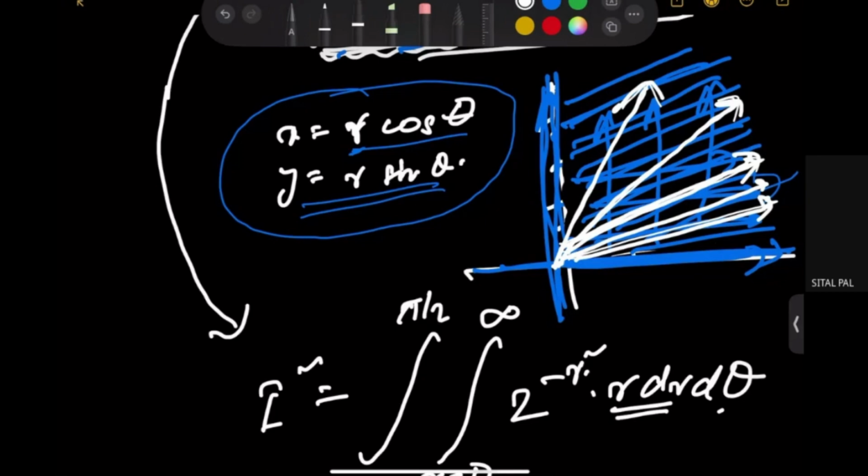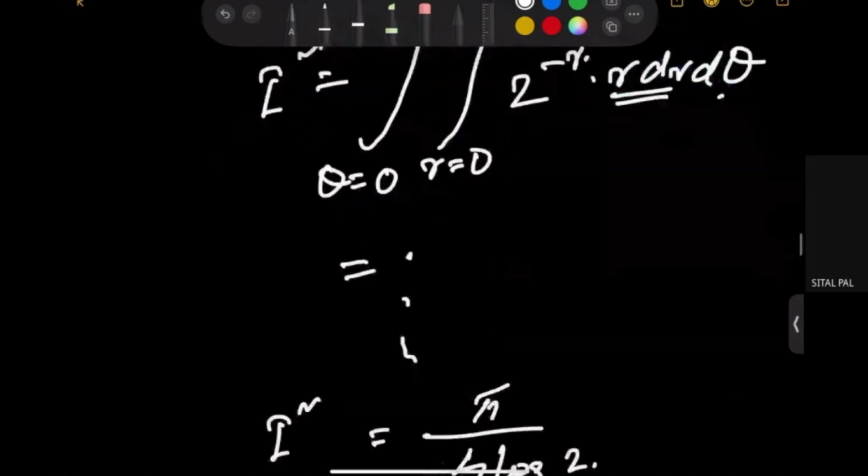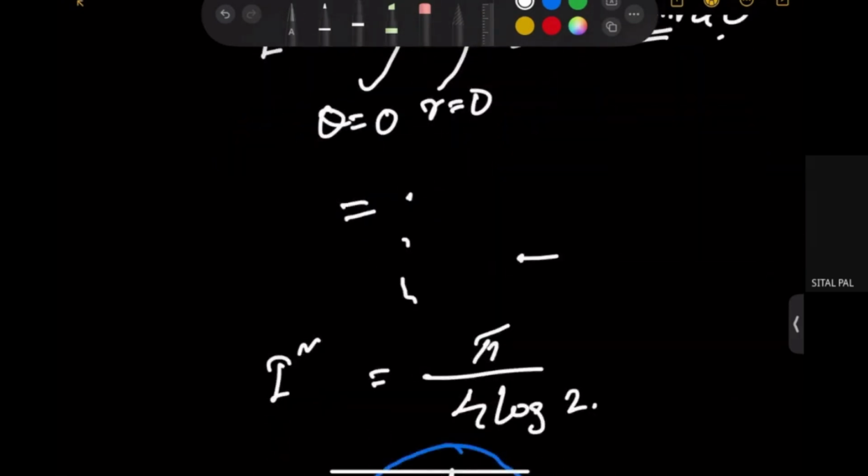Sir, because there was no bound on the value of x and y. The only lower bounds of x and y were x equal to 0 and y equal to 0, right? There were no upper bounds. So if you take r, it will go from 0 up to infinity. What is r? R is nothing but, in the polar coordinates, if there is any point, this is the initial line.